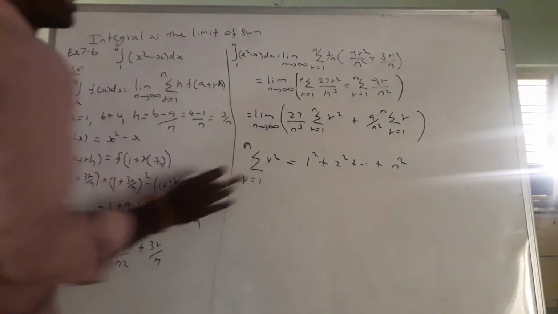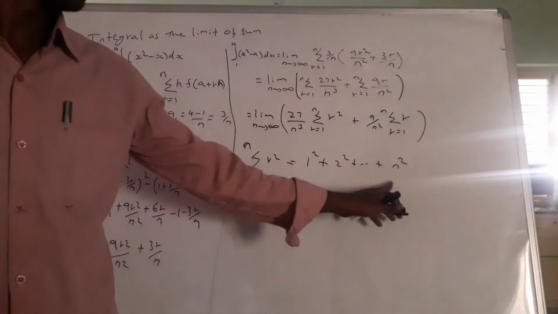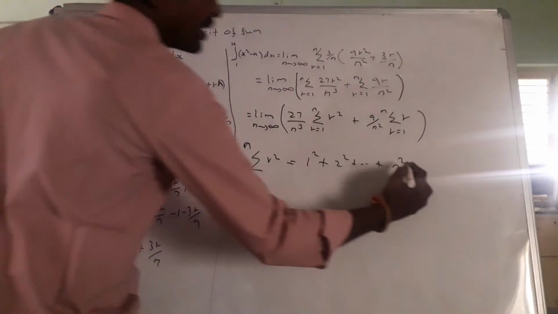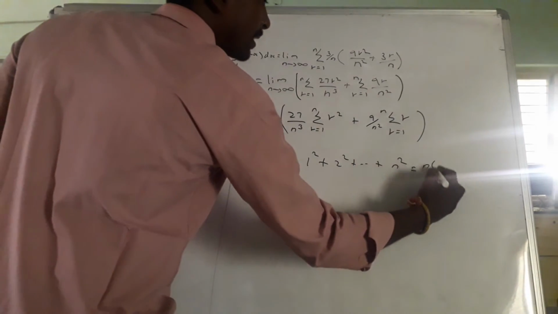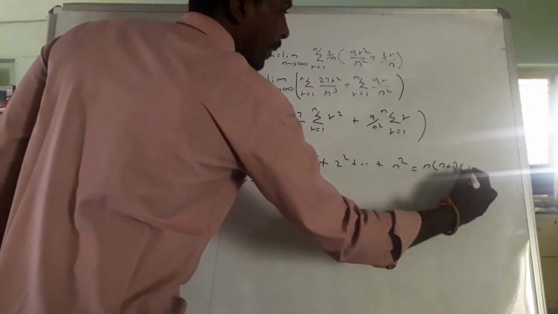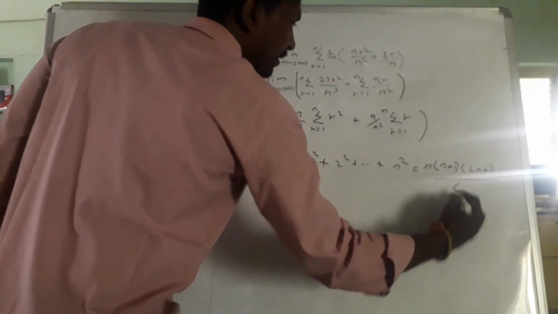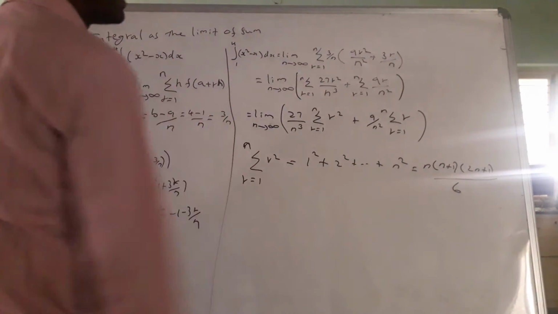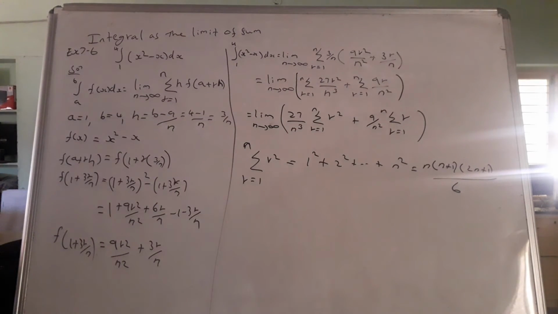So that is the sum of the squares of natural numbers. What is the formula for this? It becomes n into n plus 1 into 2n plus 1 by 6. So in the entire expression, I can replace it with n into n plus 1 into 2n plus 1 by 6.